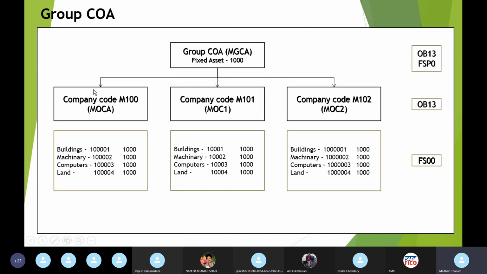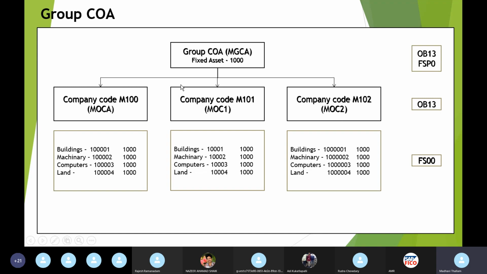For consolidation, I want to show you. For that I took 3 company codes: M100, M101, and M102. These 3 are different company codes with different operational charts of accounts.